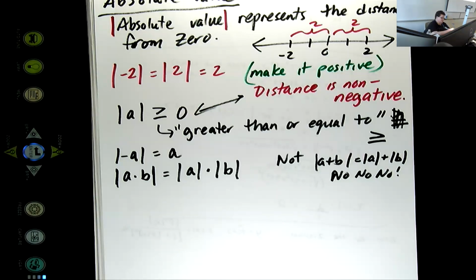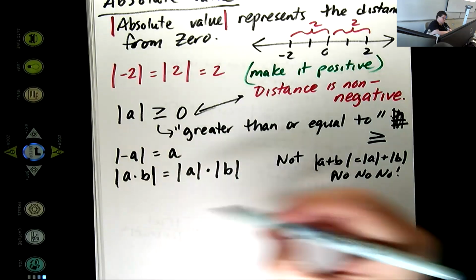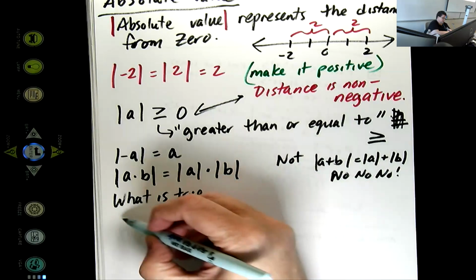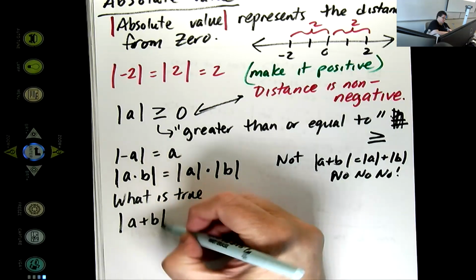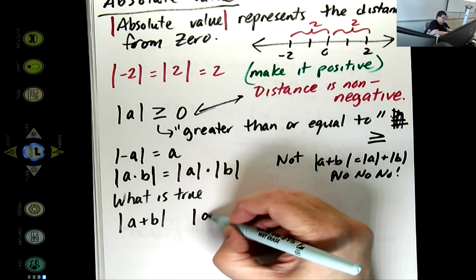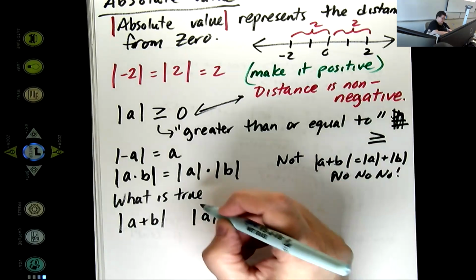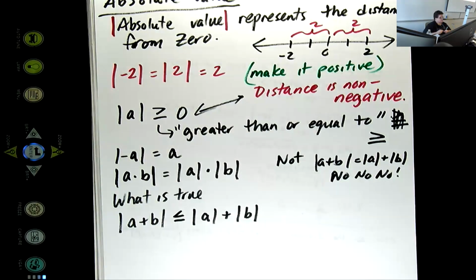In fact, we do have something that has this. What is true? The absolute value of A plus B and how it relates to the absolute value of A and the absolute value of B is it's always less than or equal to it. This actually has a name.